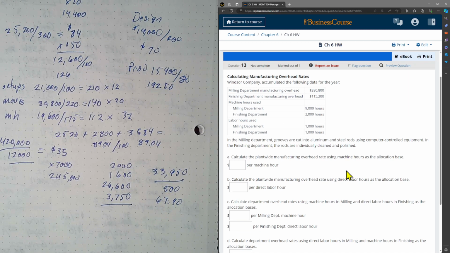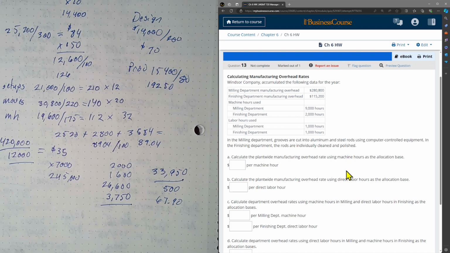From an MBA management point of view, the cost accountant working for you is just going to run the numbers according to how you suggest. But you as the manager have to have a little bit better intuition, a little understanding of the process, to realize what is actually driving the cost in each department. And this is set up to show that if you pick the wrong cost driver, you could come up with some wonky numbers.